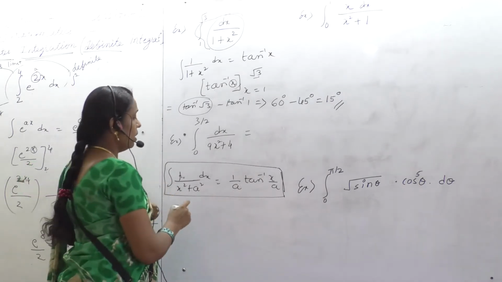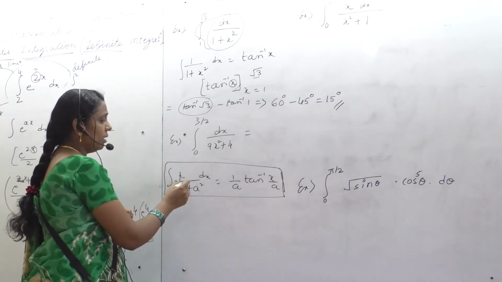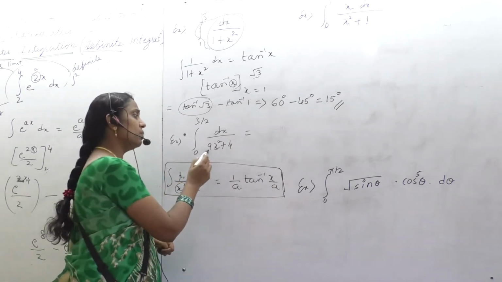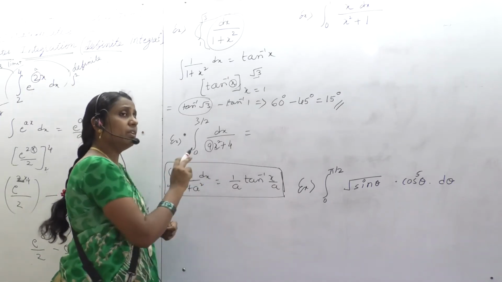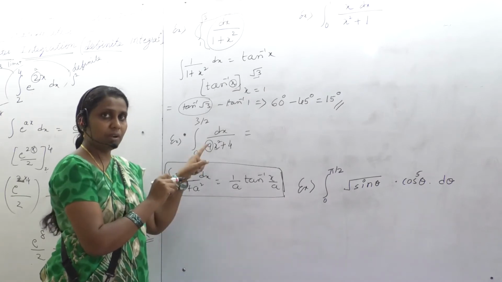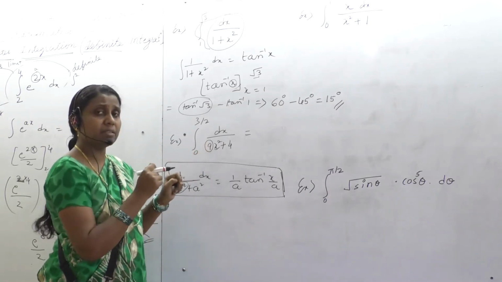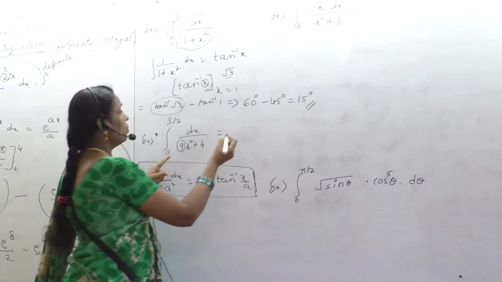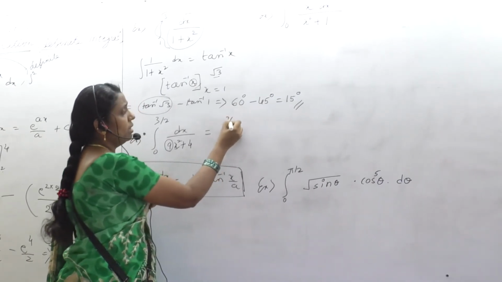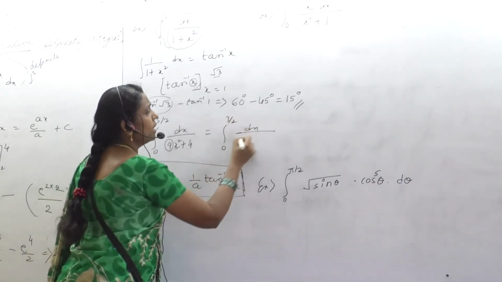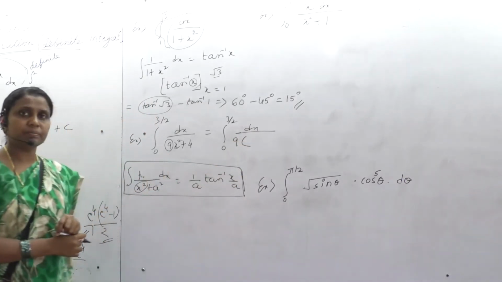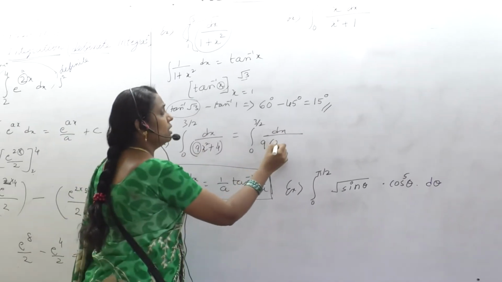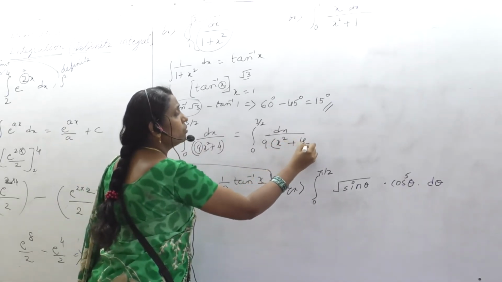Okay, now the format should be like purely x square. In our example, x square is with the coefficient 9. So this 9, you don't have to eliminate and make it 0. You can make it 1 by taking 9 common. Further, dx divided by 9, I am taking it out. If you take 9 outside the bracket, with the first term x square it happens, with the second term 4 by 9.